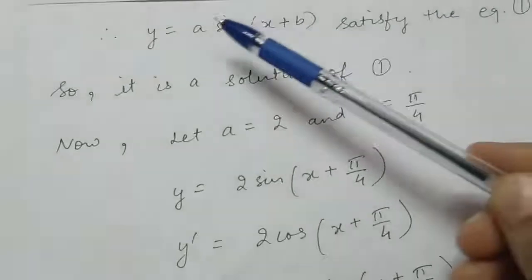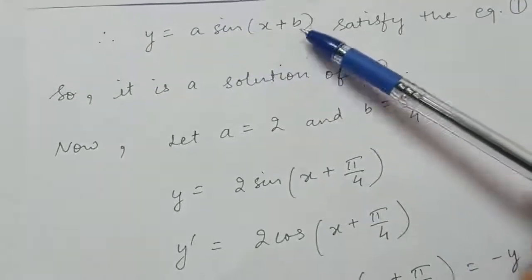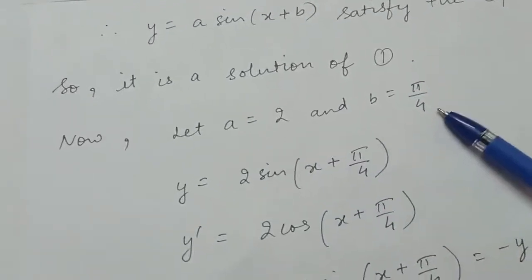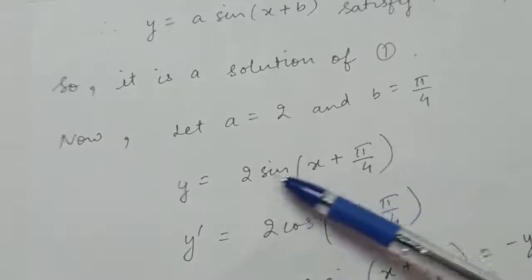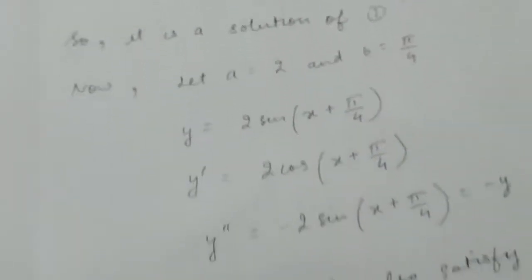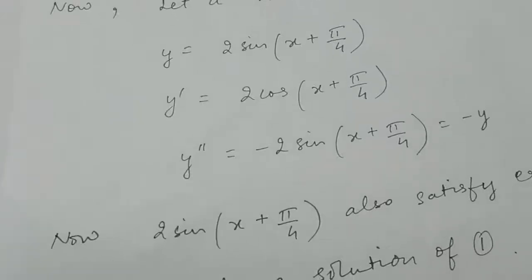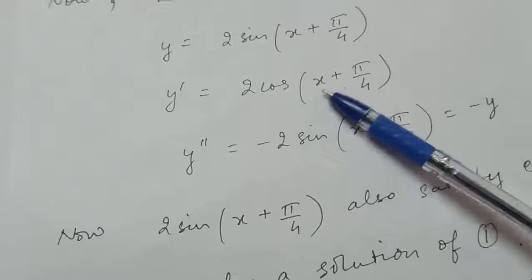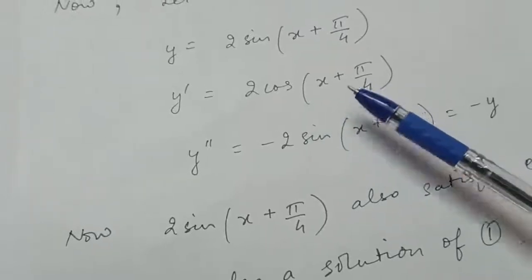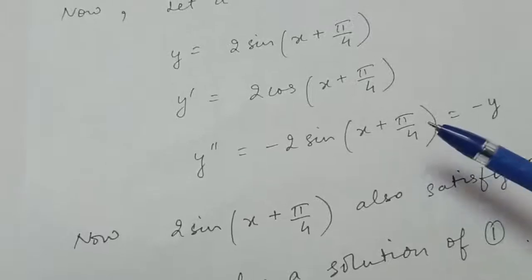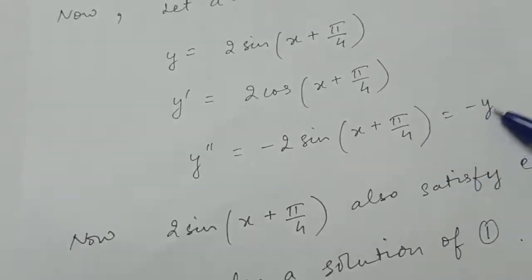Now suppose in place of a and b, if I take a as equal to 2 and b as equal to pi by 4, so y will be now 2 sine x plus pi by 4. Again we will find its double derivative. The first derivative will be 2 cos x plus pi by 4. Now again derivate this, it will be minus 2 sine x plus pi by 4, which is nothing but minus y.